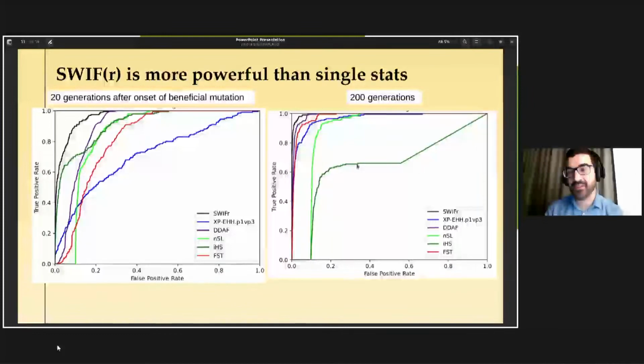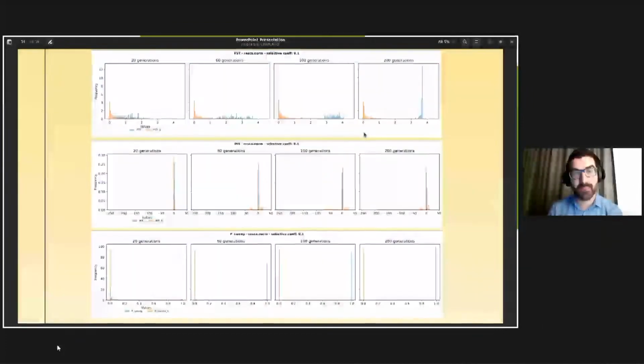That's how you see this poor performance here, but still SWIFR is learning from all of them, and it's outperforming every single statistic that we use. So this is 20 generations after the onset of the beneficial mutation. I provided a selection coefficient of 0.1, so super high. And this is 200 generations. So these alleles are almost reaching fixation, or reaching fixation in some of the 1,000 simulations that I ran.